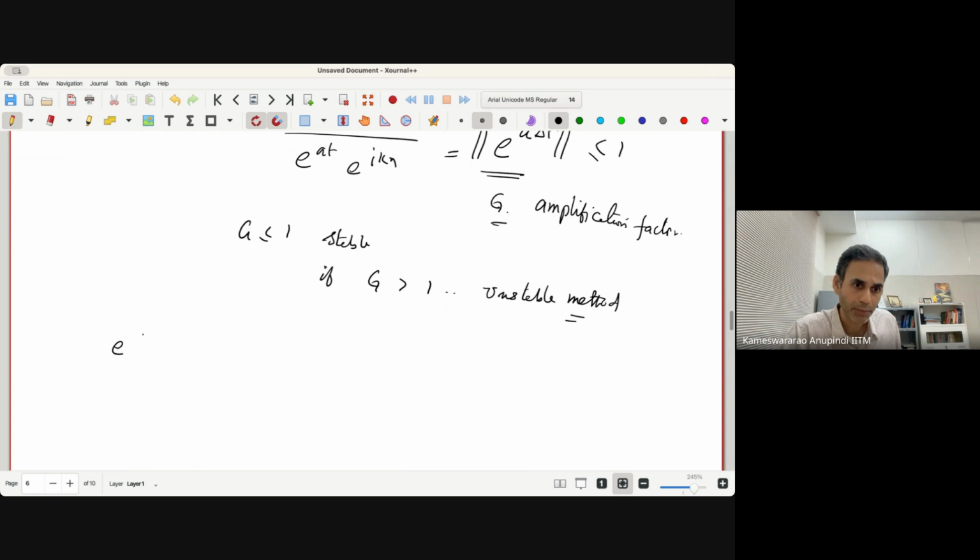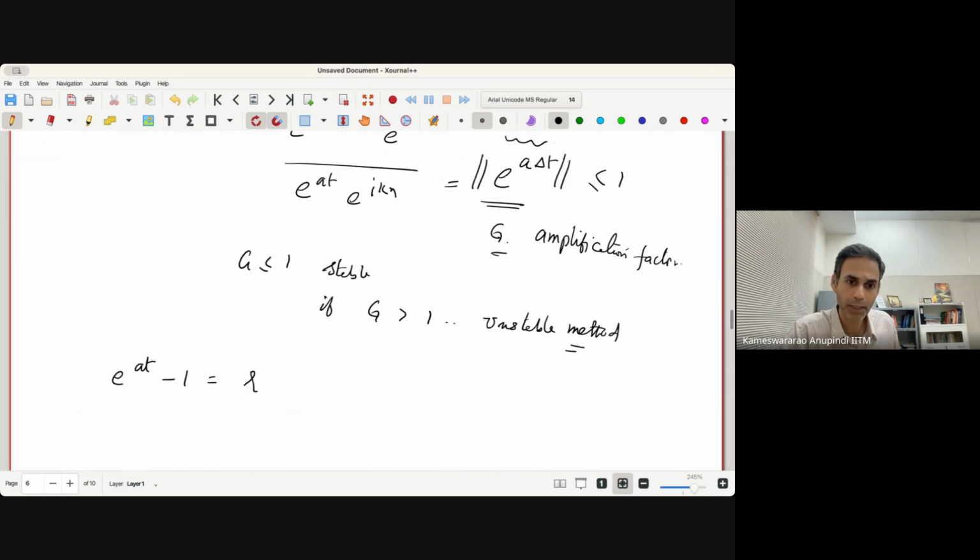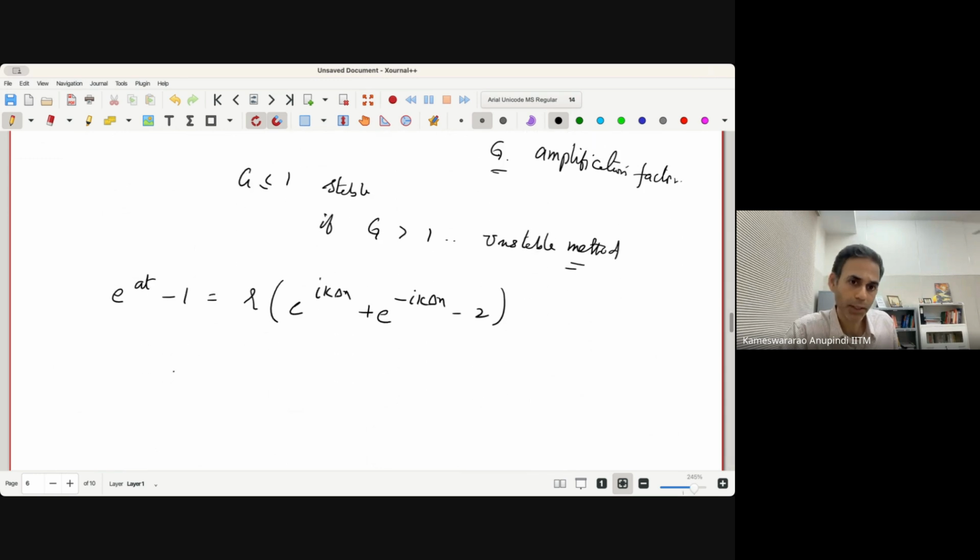e to the power a t minus 1 equals r times e to the power i k delta x plus e to the power minus i k delta x minus 2. Now we know that e to the power i theta equals cos theta plus i sin theta. Let me call k delta x as theta. Then e to the power minus i theta is cos theta minus i sin theta.